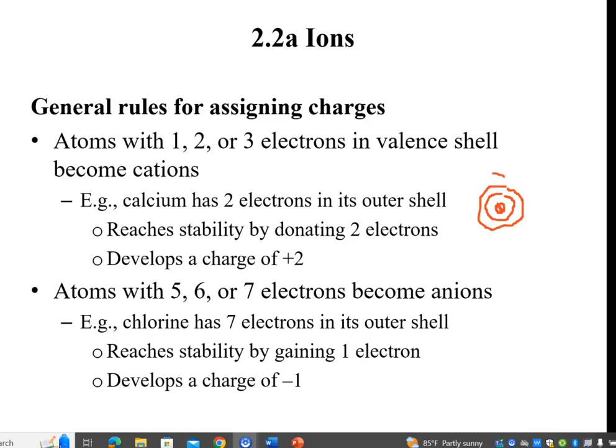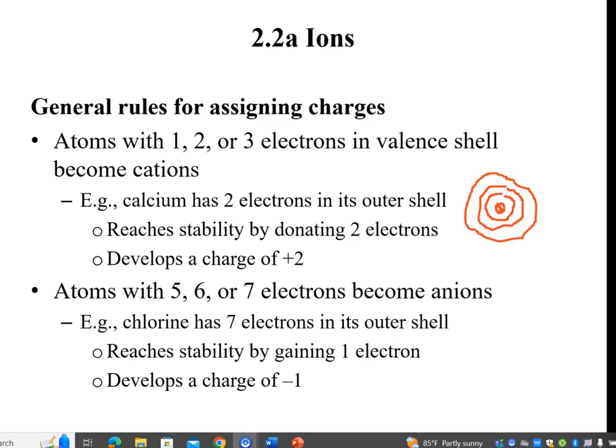Now, we go to the outermost or valence shell of calcium, and it only has 2 electrons, whereas it wants 8 electrons. Well, it's easier for it to donate 2 electrons than it is for it to gain 6 electrons. So calcium donates 2 electrons and develops a charge of +2 because it lost 2 negative charges.